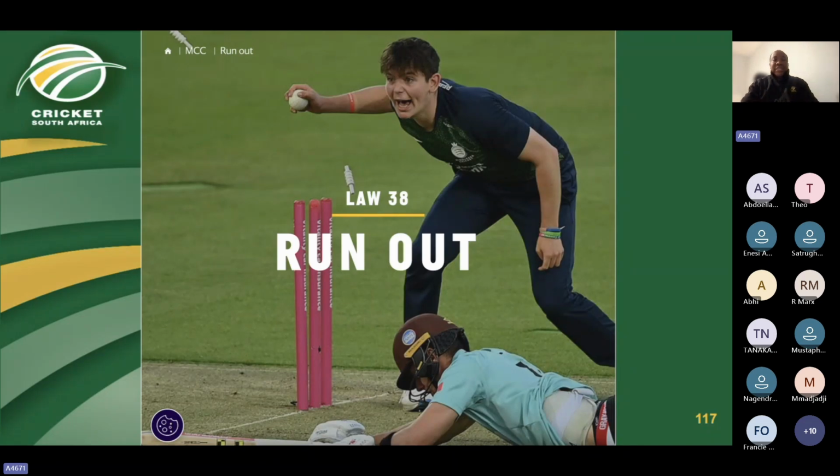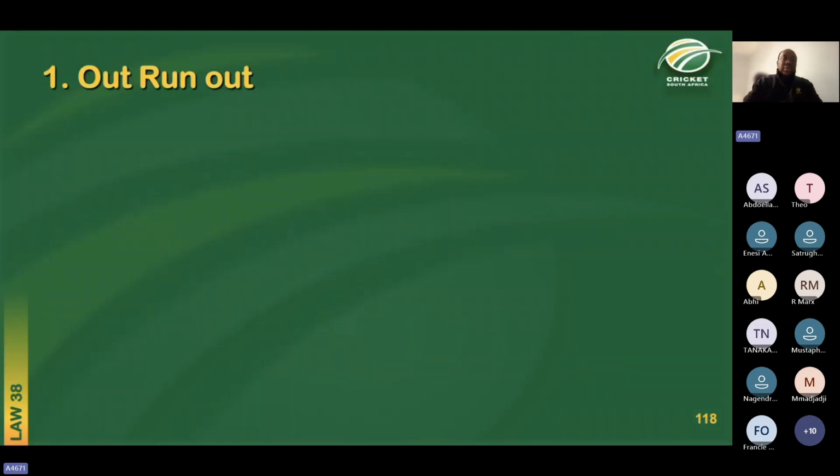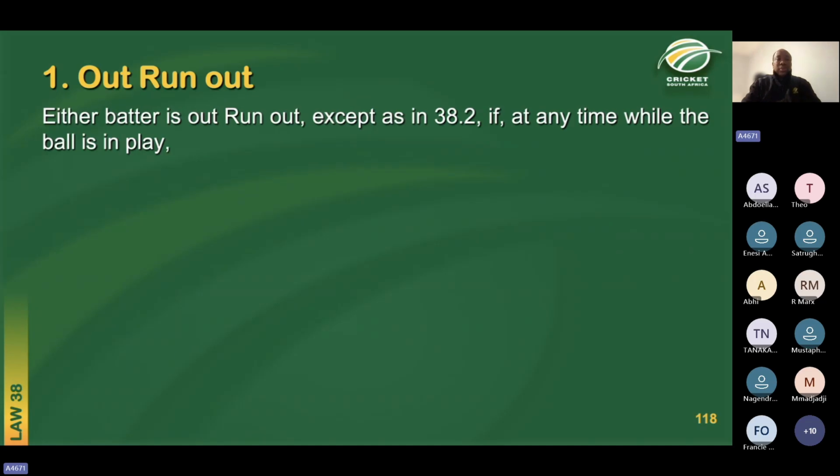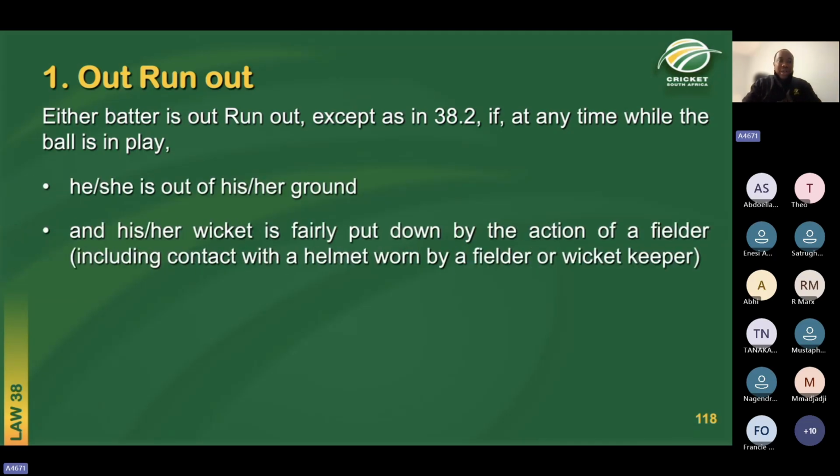Next law that I'm covering, law 38, run out. When is a batter out run out? The law tells us that either batter is out run out if at any time while the ball is in play, he or she is out of his or her ground and his or her wicket is fairly put down by the action of a fielder.